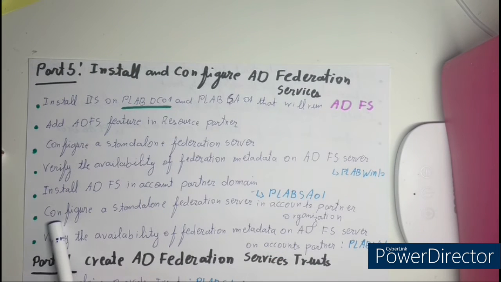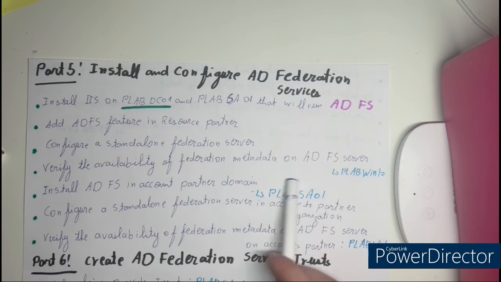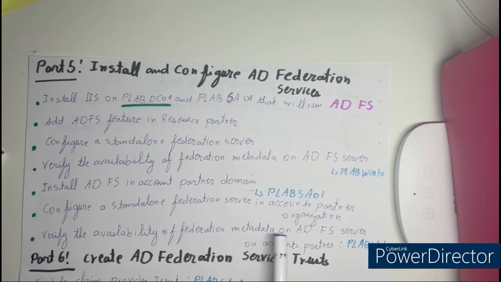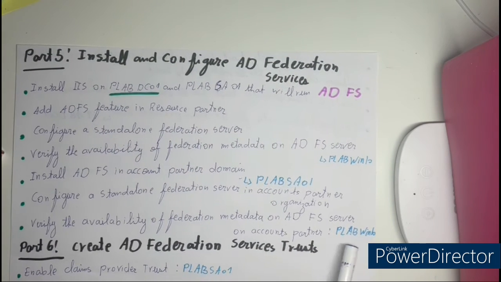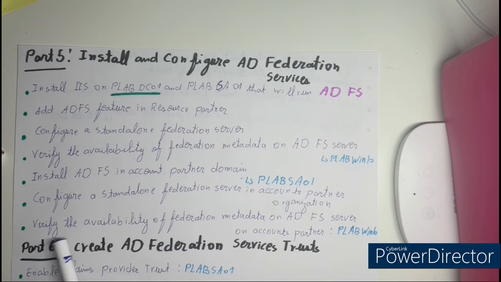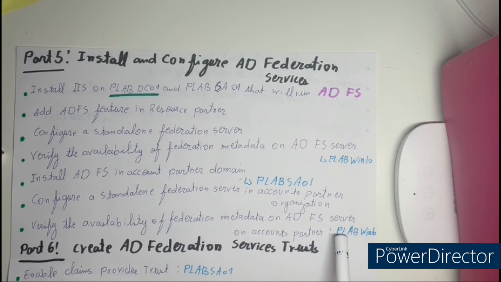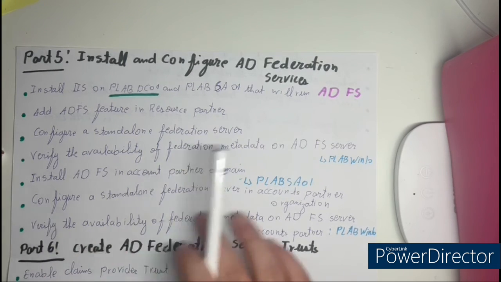Then we'll configure a standalone federation server within this server, and then we will jump to plub Win10, where we'll be verifying the availability of federation metadata on the ADFS server on the account partner. Then comes the last stage, part 6.